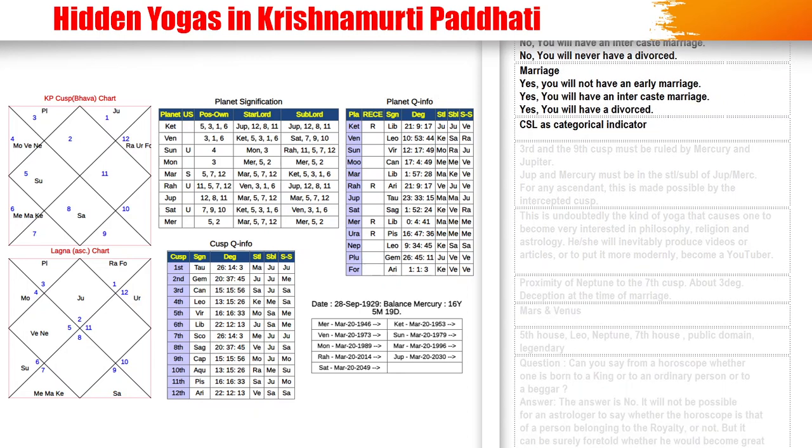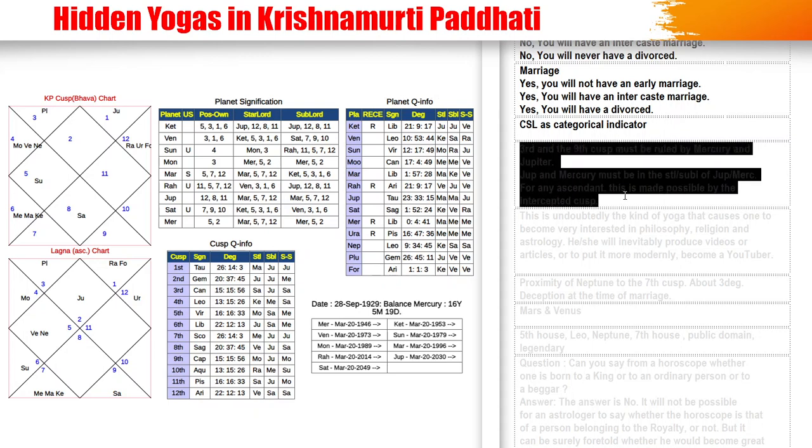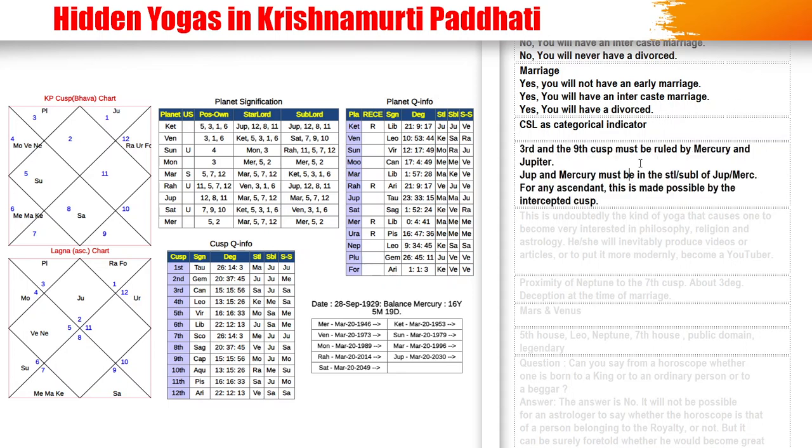The first rule that I noticed was the third and the ninth. Now, if the third and the ninth cusps are ruled by Mercury and Jupiter, and on top of it, if Jupiter and Mercury are placed in the star or sub of Jupiter and Mercury, then this creates a very special rule where a person is very much interested in philosophy, religion, and even astrology.